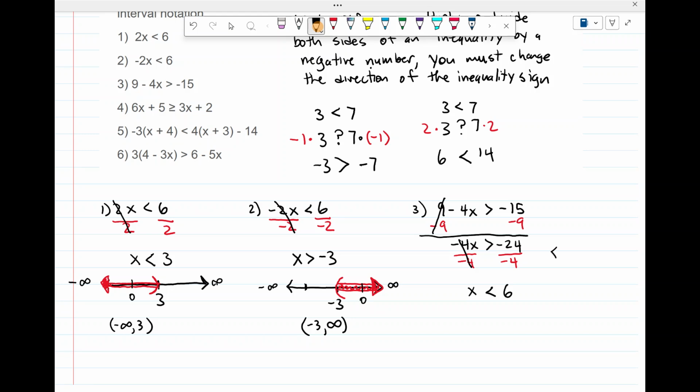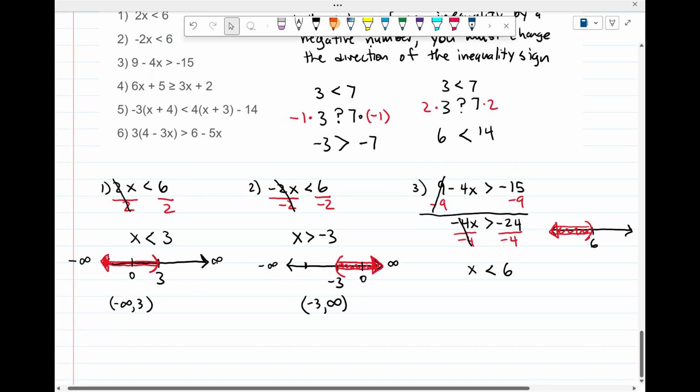Let's express our answer on the number line. So less than 6 will be going to the left. And since it's less than and not less than or equal to, we use a curved bracket going to the left. And I'll put my negative infinity over here.